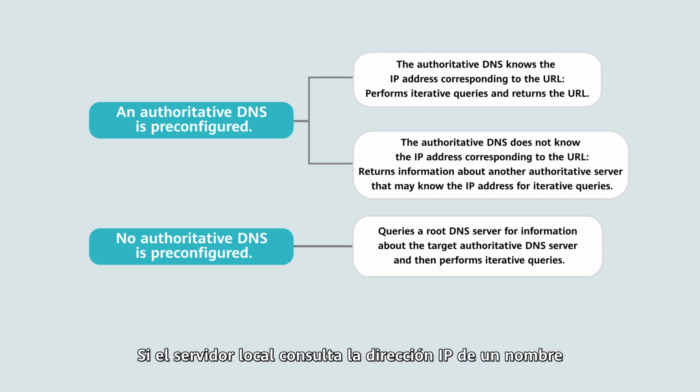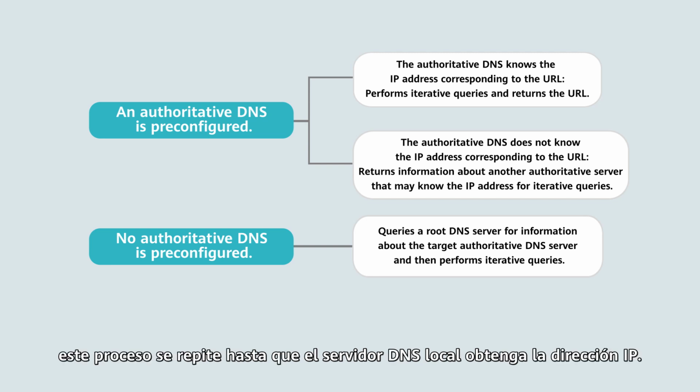If the local server queries the IP address of a domain name, but the authoritative server does not know the IP address, the authoritative server returns information about another authoritative server that may know the IP address. The local DNS server then queries this new server. If the new server doesn't know either, this process repeats until the local DNS server obtains the IP address.